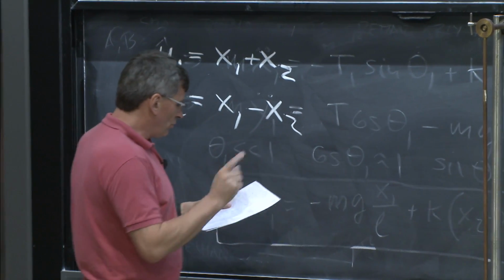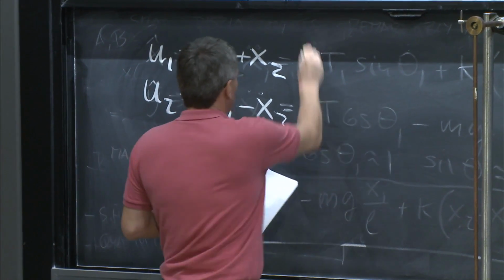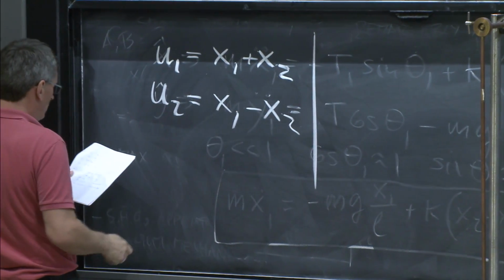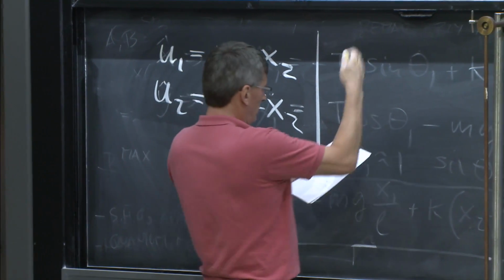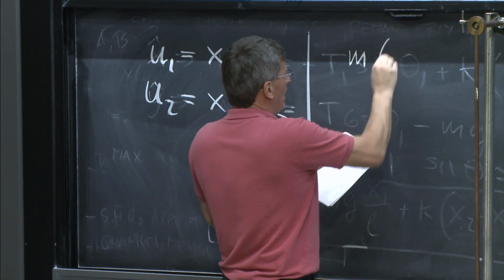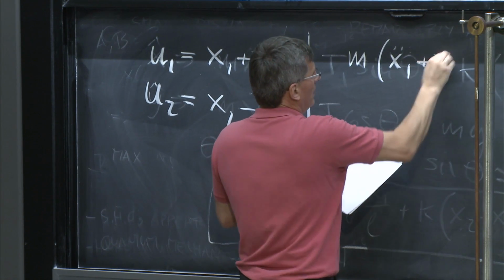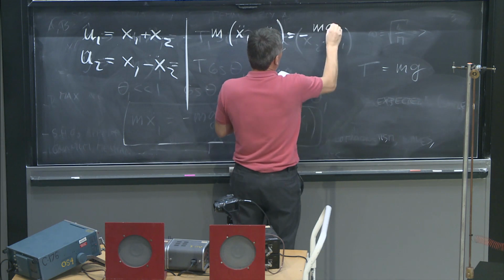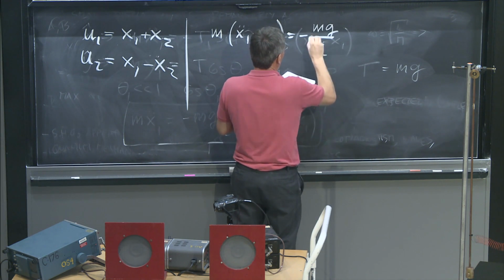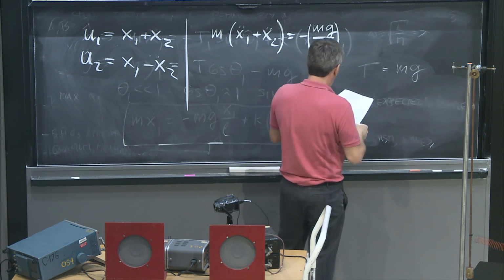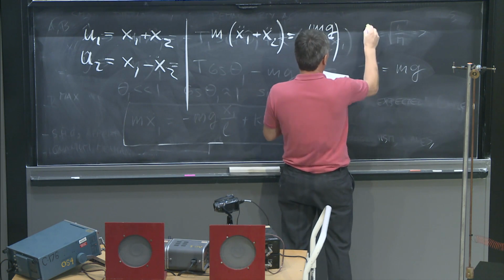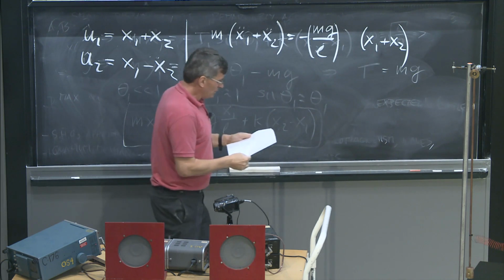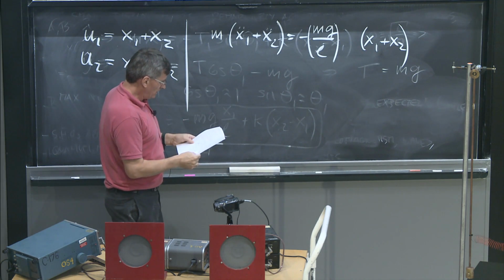So I will end up having two separate equations. For example, in general, the equation of motion would look like, let's say I can write down m times (x1 plus x2) double dot is equal to minus mg over L times (x1 plus x2). This is when I add two equations.